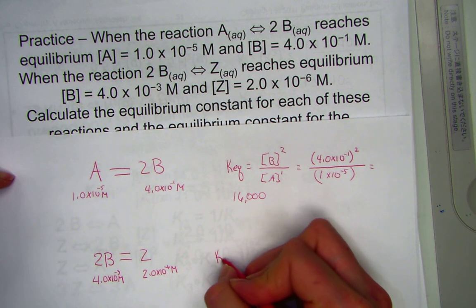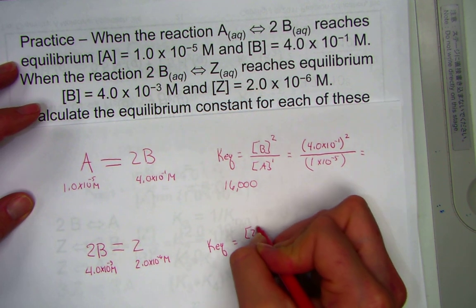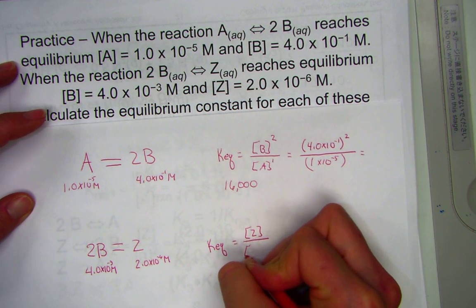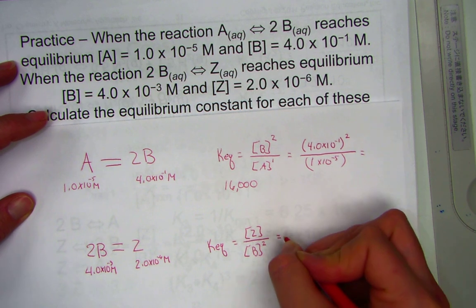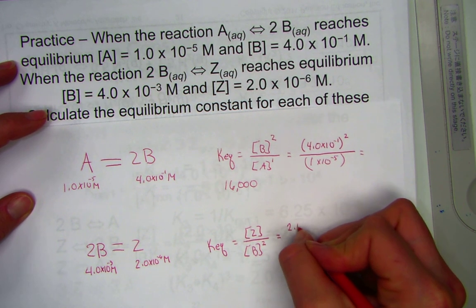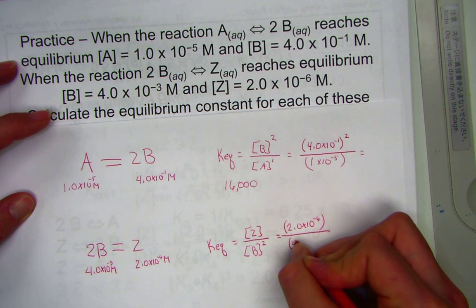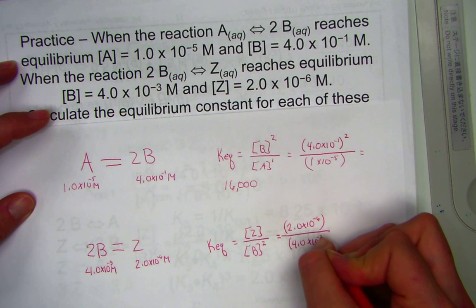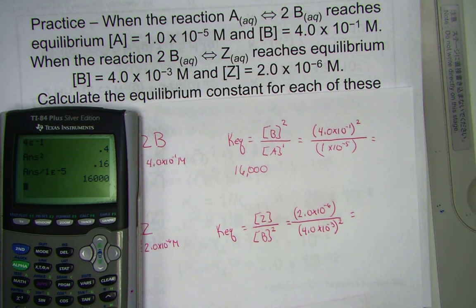Let's calculate its equilibrium, where the concentration of Z raised to the first set over the concentration of B squared, plugging in those values, 2.0 times 10 to the negative 6th over 4.0 times 10 to the negative 3rd squared. Let's hit here and get a common answer and compare.